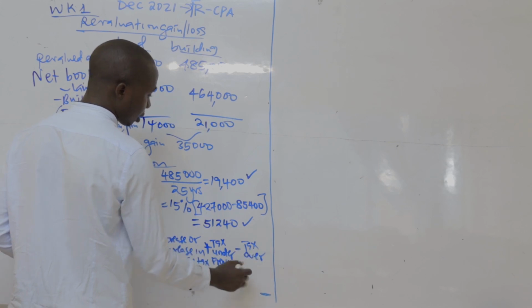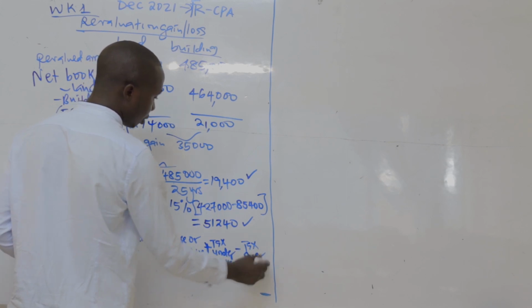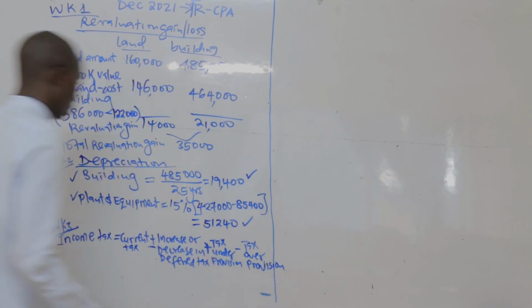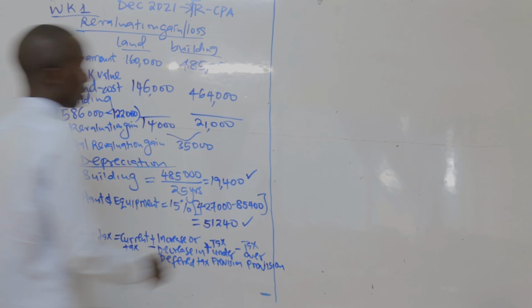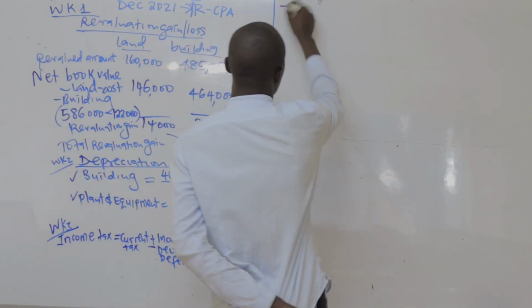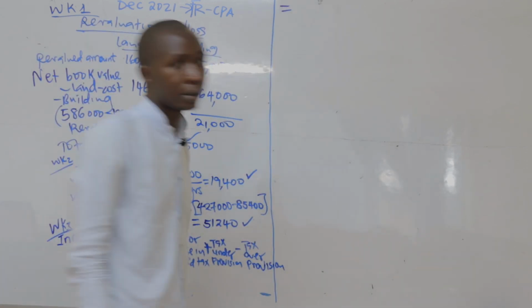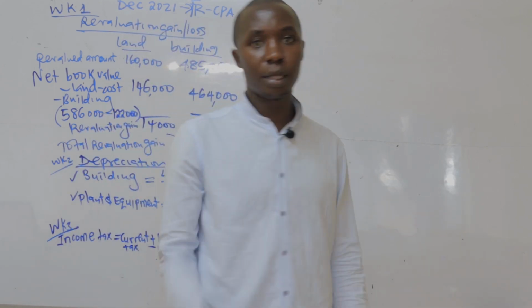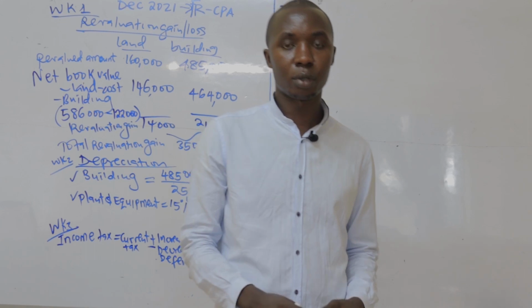For the current tax, you were given it directly because that is the tax for the relevant year, the tax payable in the year 31st March 2021.